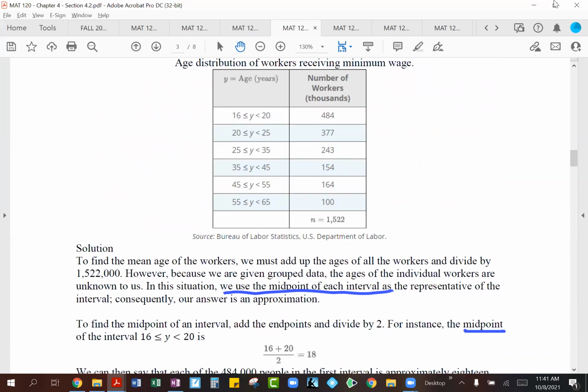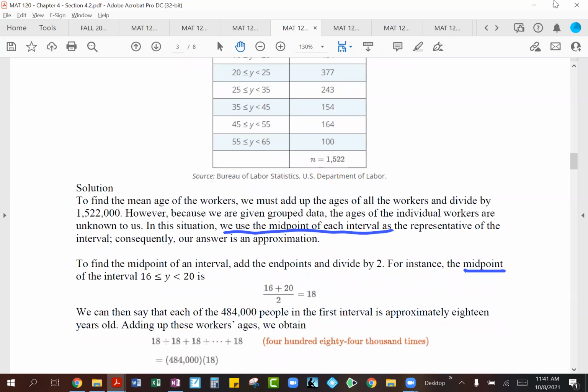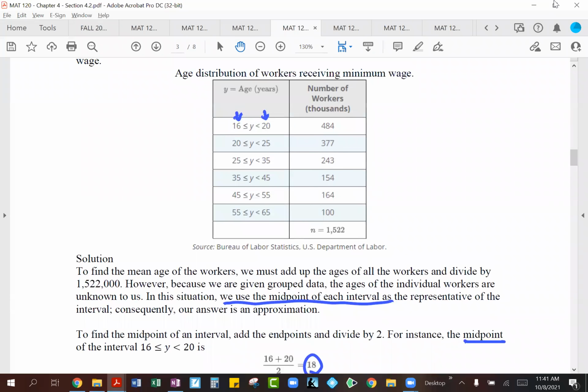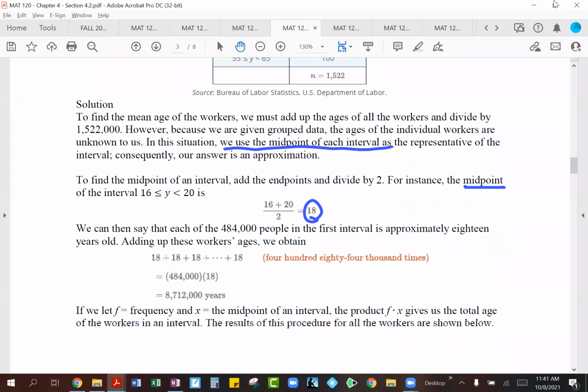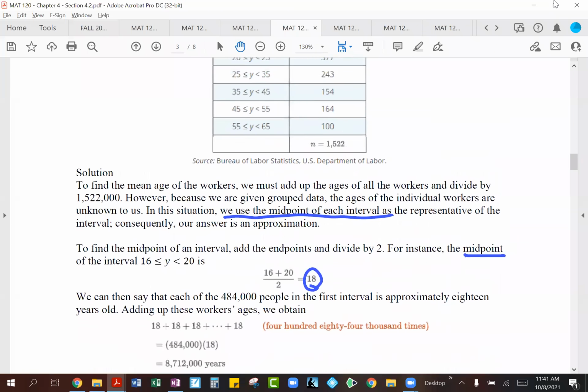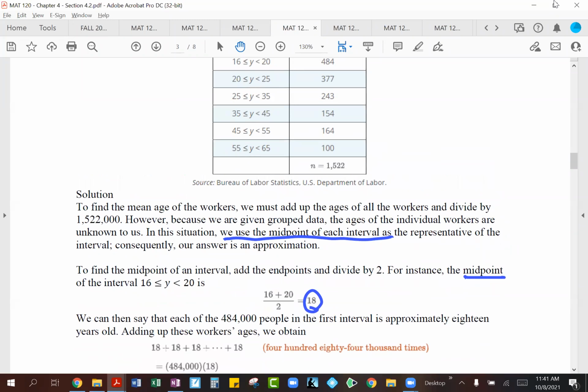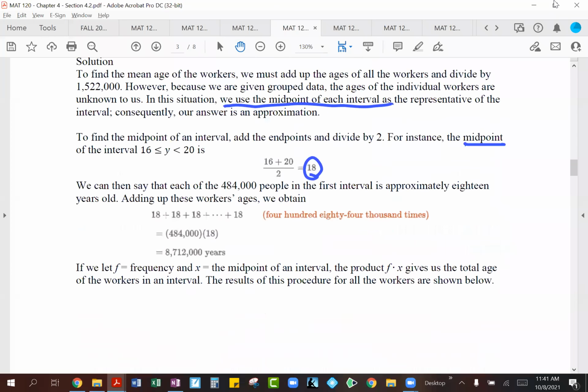So you can see they're taking the lower limit and the upper limit, adding them together, and then dividing by 2, which gives you the midpoint for the first interval. You will repeat that same process for all of the other intervals.